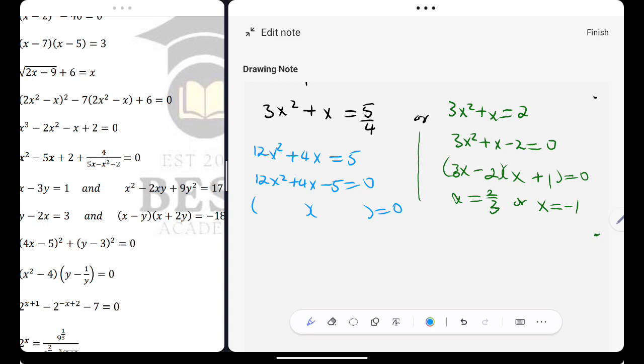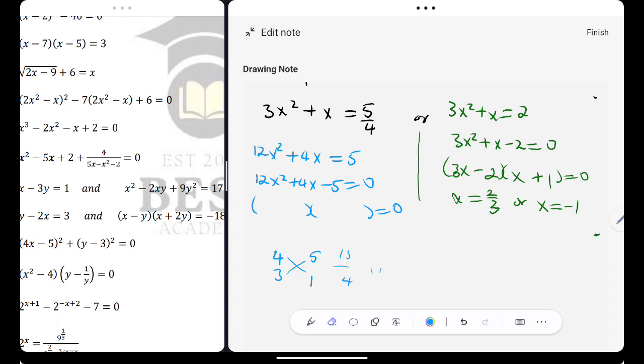Whenever I factorize, I must look at the factors of both numbers. Let's start with 4 and 3, 5 and 1. This times this is 15, this times this is 4. When I subtract, I get 11, I don't get 4.